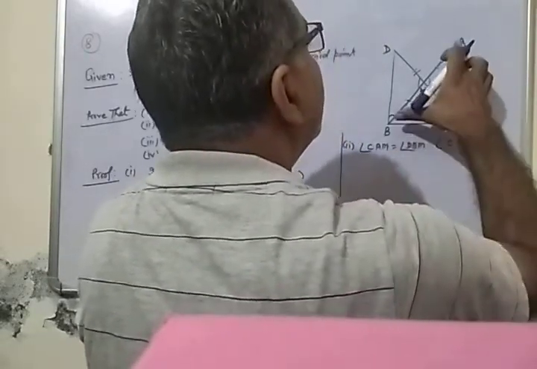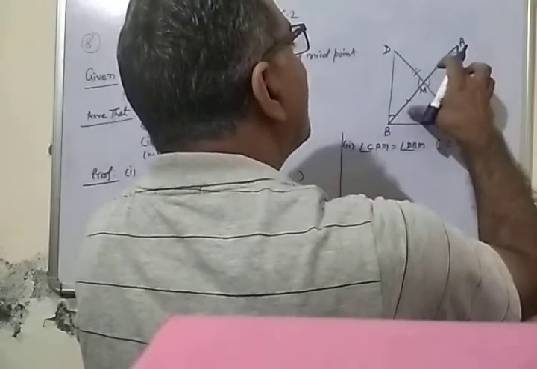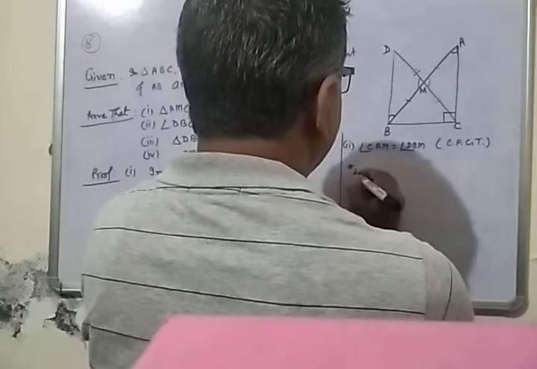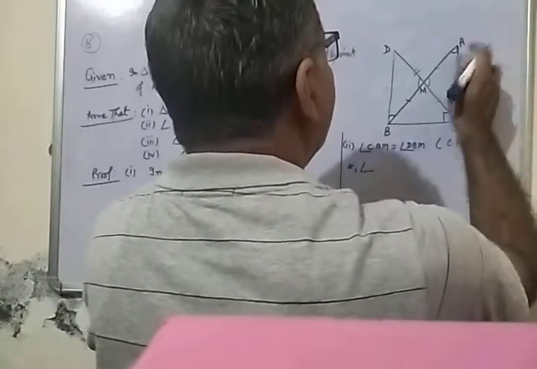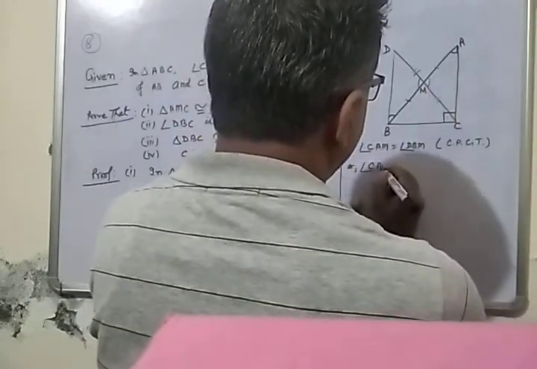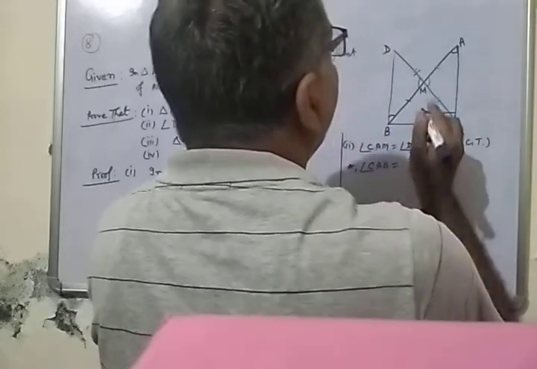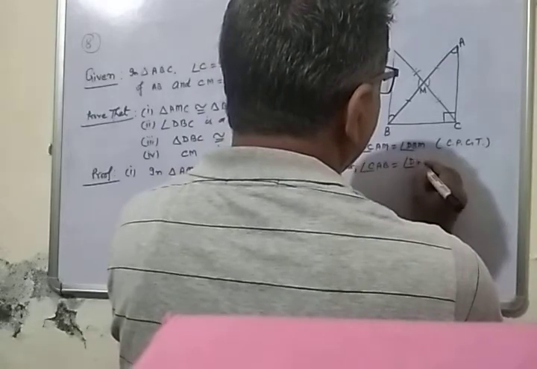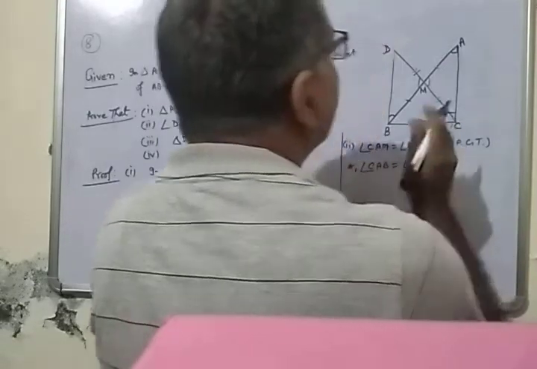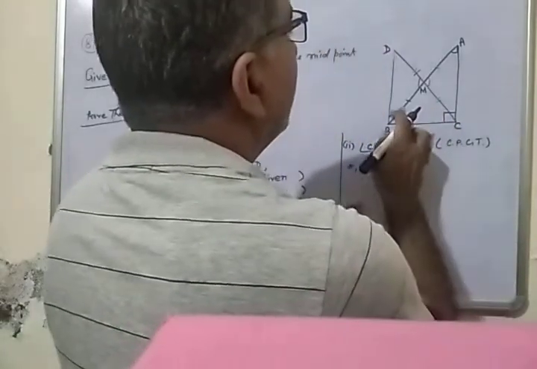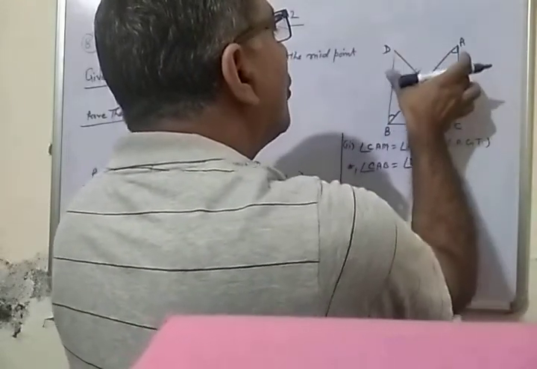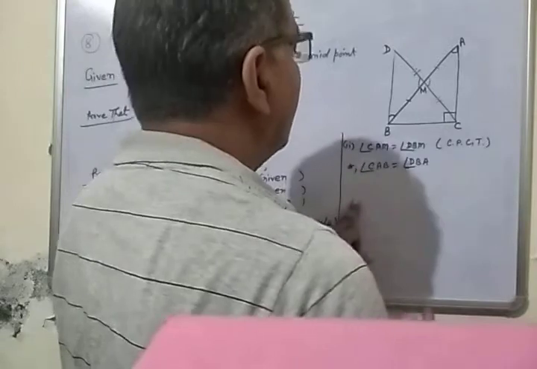You can write angle CAB and angle DBA. Now you can understand better because this will be the transversal and both will be parallel.